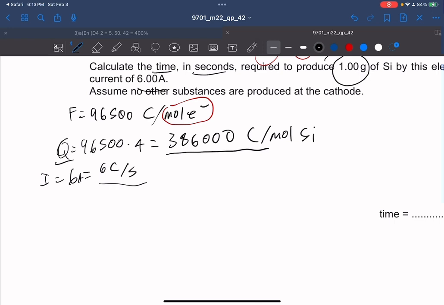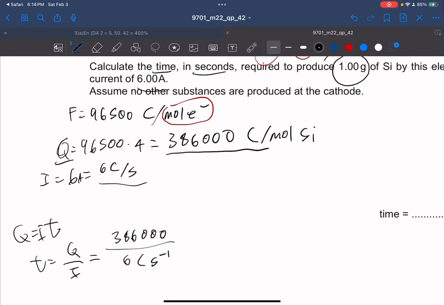So if we're getting 6 coulombs per second and we need 386,000 coulombs to make 1 mole of Si, we could figure out the time needed for producing 1 mole of Si. So charge is current times time, and time is charge over current. So we're gonna get 386,000 over 6. This is C s minus 1, this is C, and then this is mole of Si.